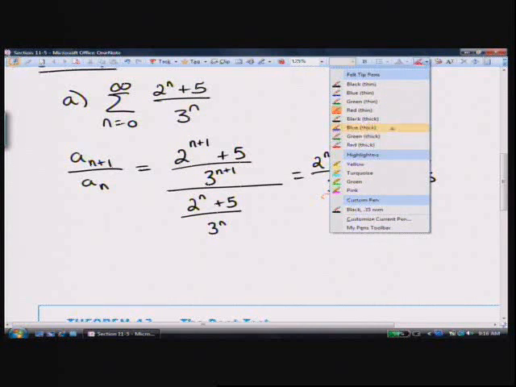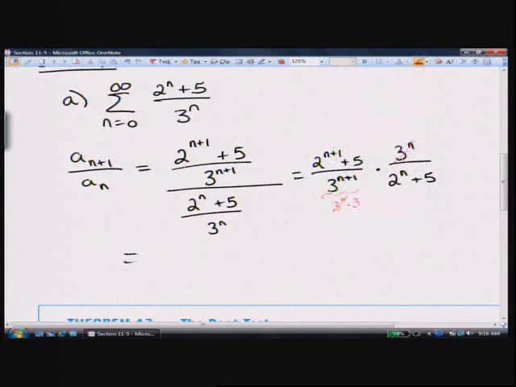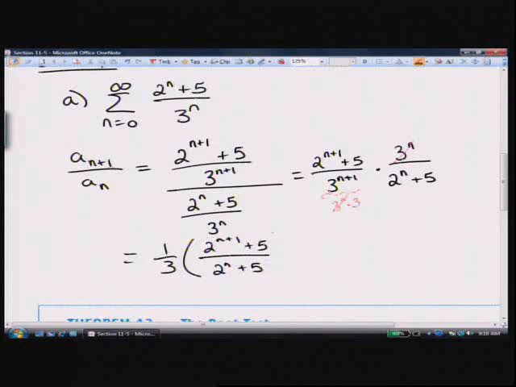So you'll think of this as 1/3 times 2 to the n plus 1 plus 5 over 2 to the n plus 5. Let's see if we can clean this up at all.